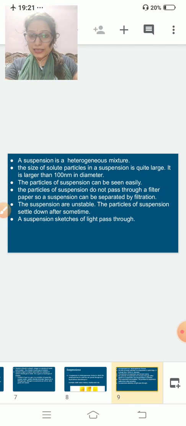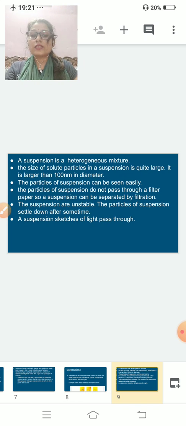So you can say that the particles of suspension are unstable, and the size is larger than 100 nanometer in diameter, and they cannot pass through filter paper. So you can separate this with the help of filter paper. And suspensions scatter the light passed through. Clear?